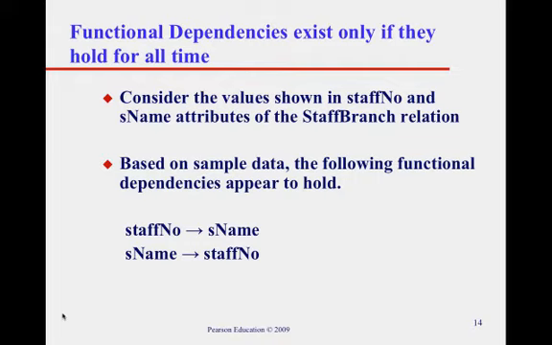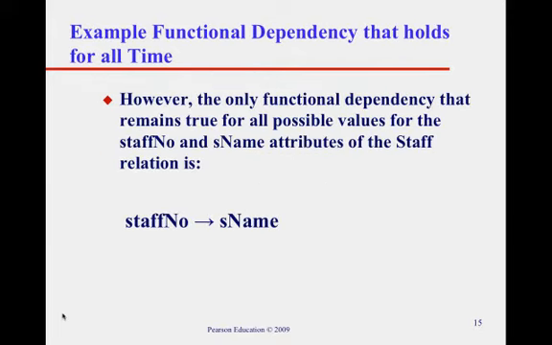We're supposed to have unique staff numbers for each staff, but if you really dig in, you'd probably realize that you can't guarantee that staff name uniquely determines a staff number. So that's what this slide's all about.